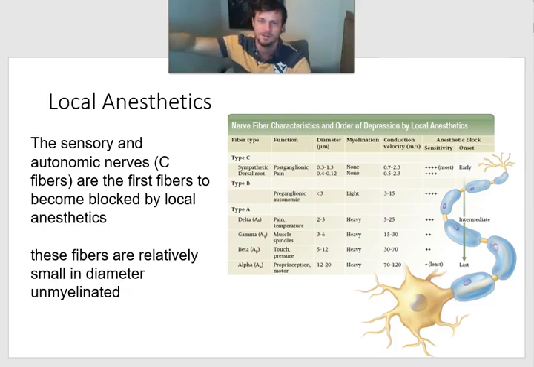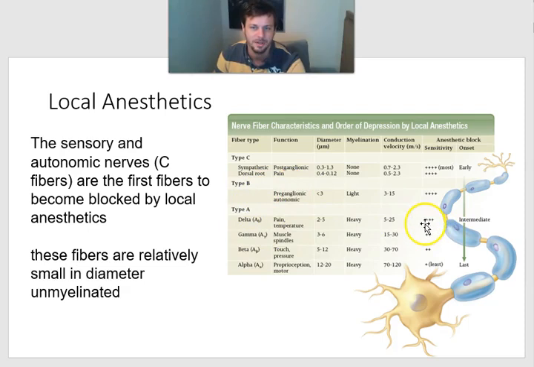All across the surface of these fibers, your local anesthetic can work and stop them from sending their signals. It also works pretty good on type B fibers, on your pain and temperature fibers. But when you start getting down to touch and pressure, not so good, and really poorly on motor, which is good.